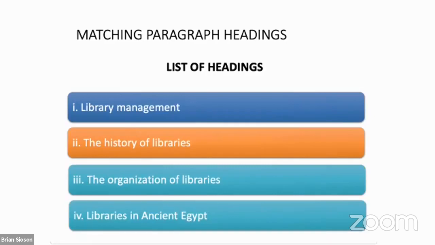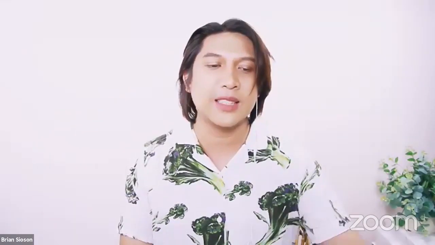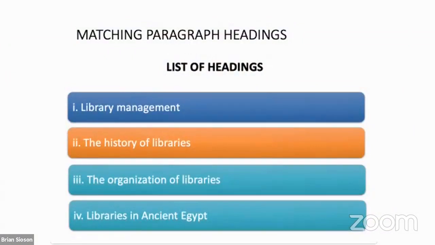So it is very critical that you do not just look at keywords, because if you look at keywords alone and you do not comprehend the entire passage, that usually leads you to incurring mistakes or choosing the wrong responses in the process. Okay, so that's one type of question that you can encounter in your IELTS, which is your matching paragraph headings.